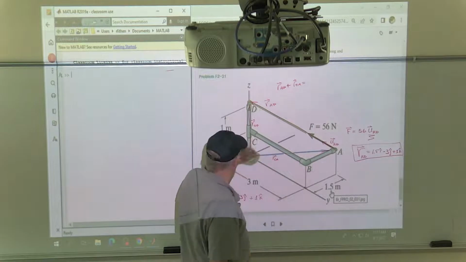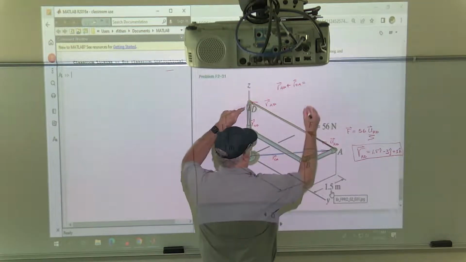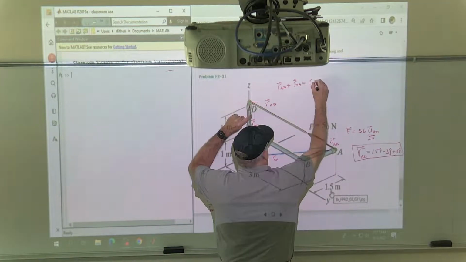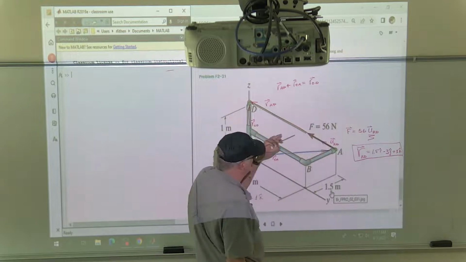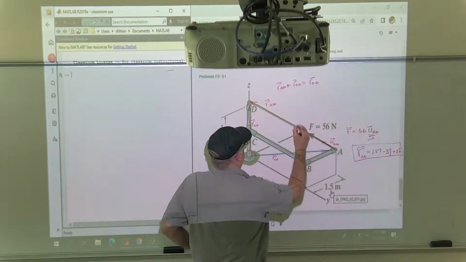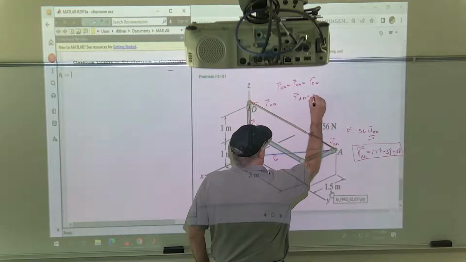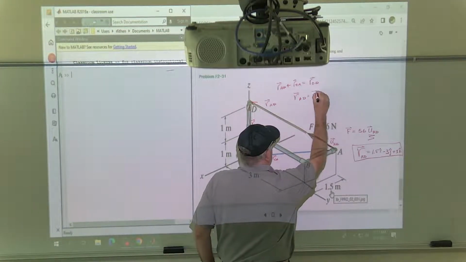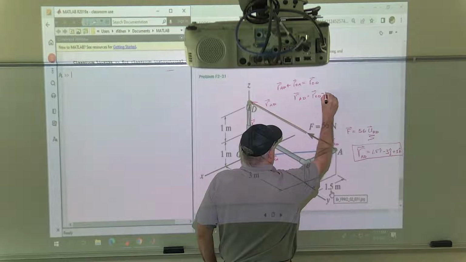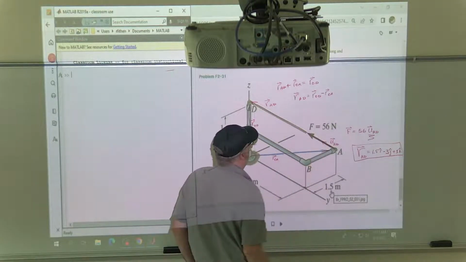I have actually walked the same place as somebody who walks straight from O to D. So since I'm looking for that one, I can basically say RAD is equal to ROD minus ROA. Did I write that right?